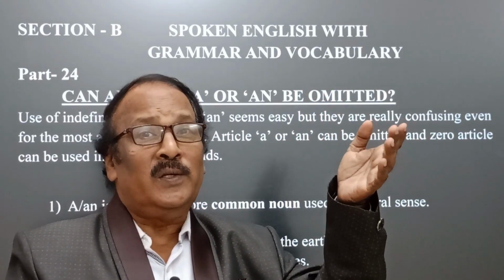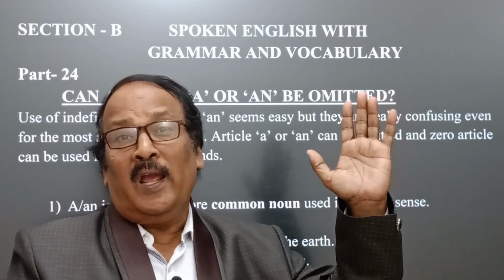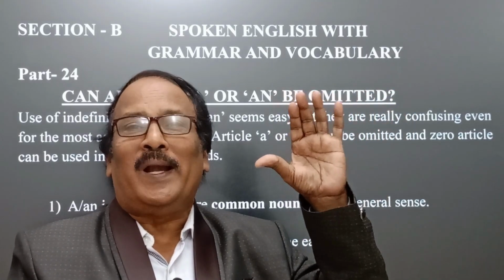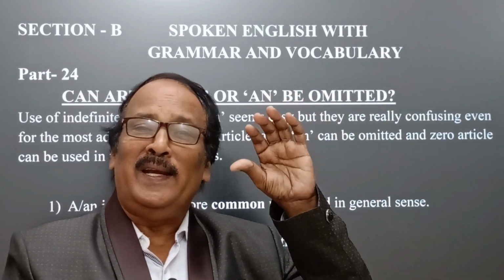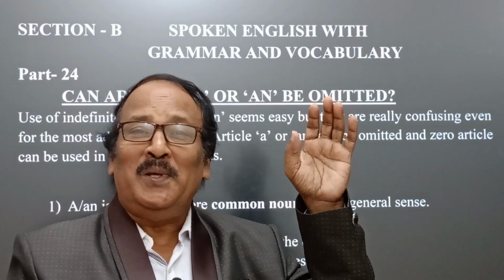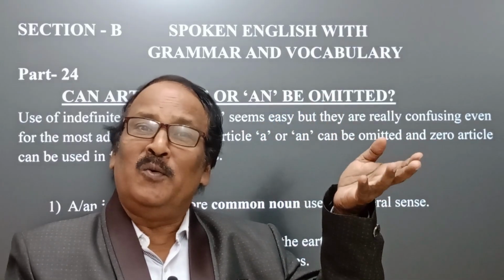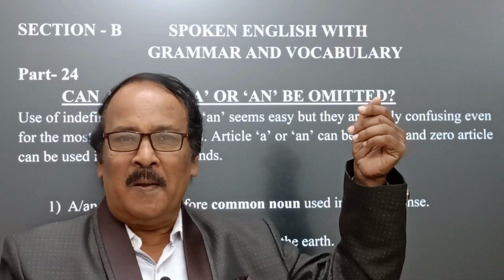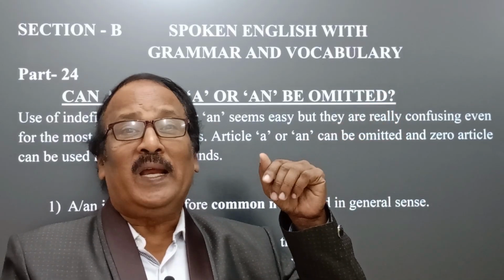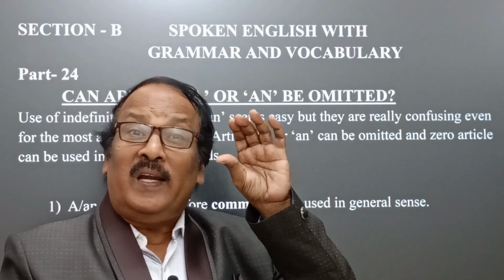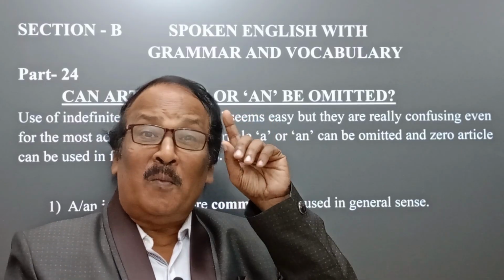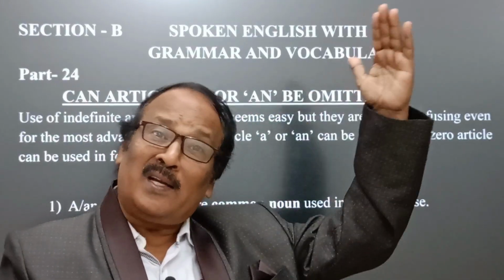It means omission of a or an, or zero article, which is also a very interesting factor. Sometimes we feel that use of article is very easy, but it is most complicated, and sometimes it creates confusion in the mind of even advanced learners or professionals.